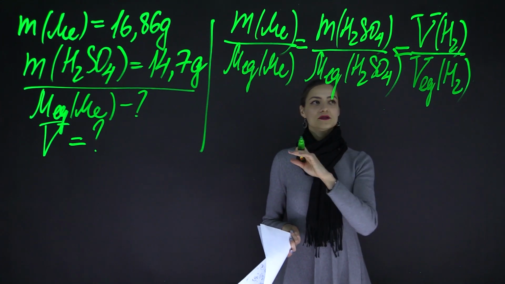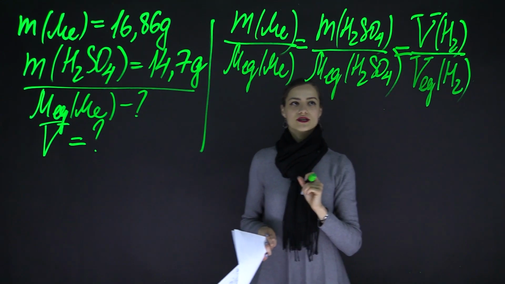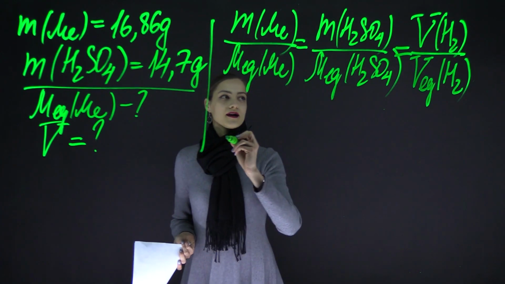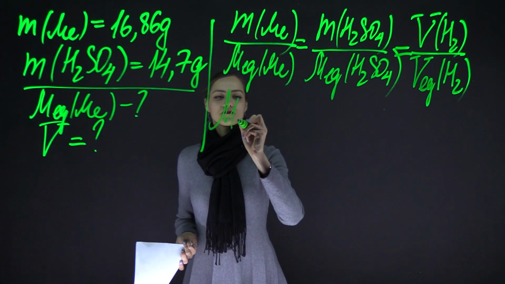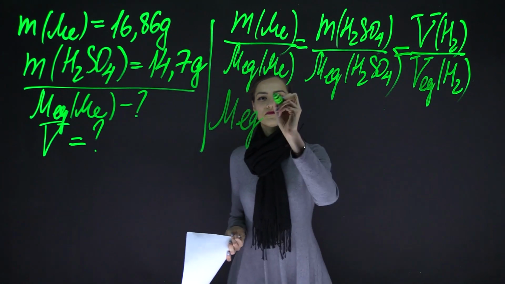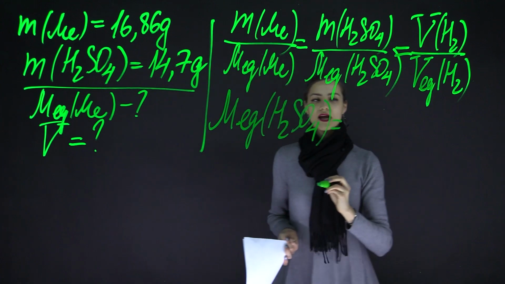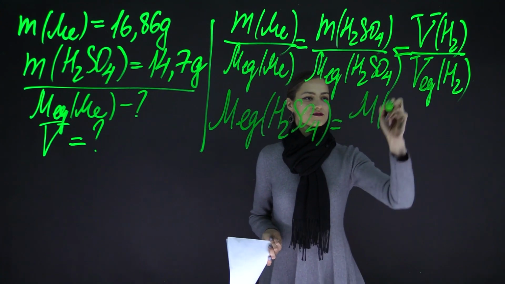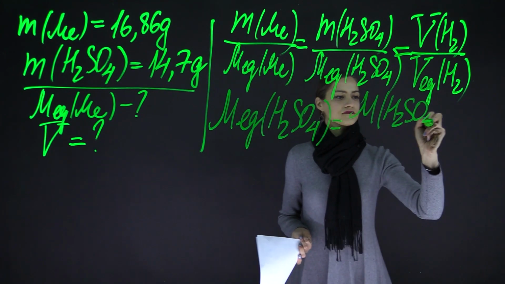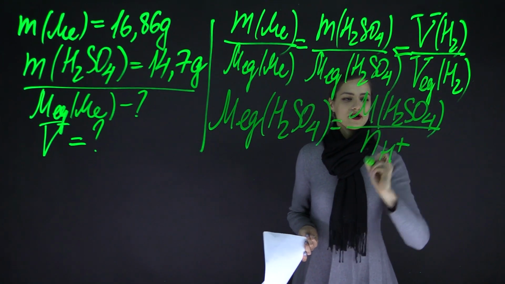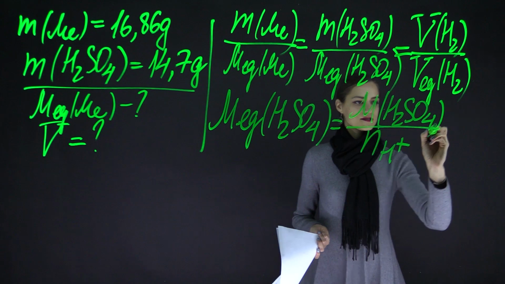But to calculate the equivalent mass and volume of hydrogen, we need firstly to calculate the equivalent mass for the acid, and from the theoretical part you remember that for an acid it will be the molar mass of the acid over the number of hydrogen cations in this acid.